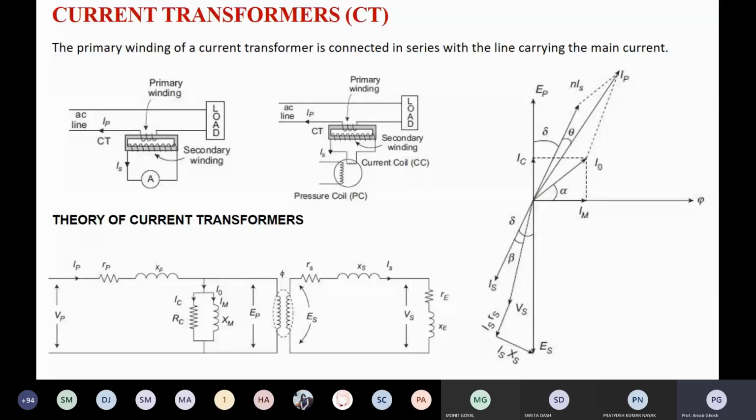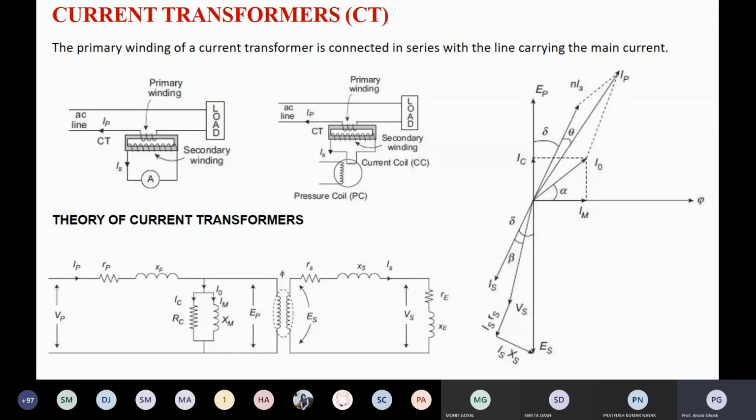V1 by V2, the voltage of primary side divided by voltage of secondary side, equals N1 by N2, equal to N. So in case of CT, I2 by I1 equals N1 by N2 equals N.